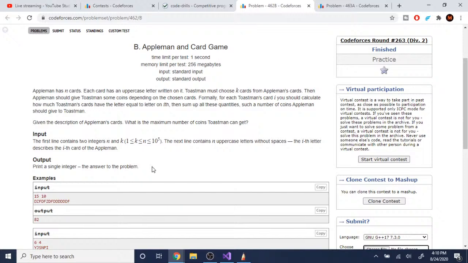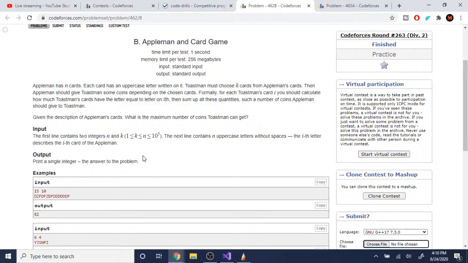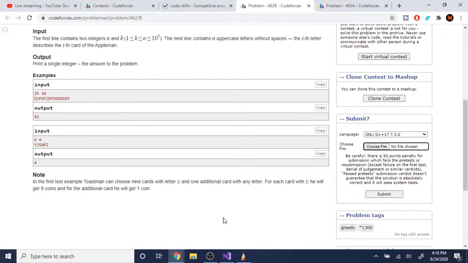For each Toastman card, we should calculate how many Toastman cards have the letter equal to letter I. Then sum up those quantities. I don't understand. Letter equal to letter I.